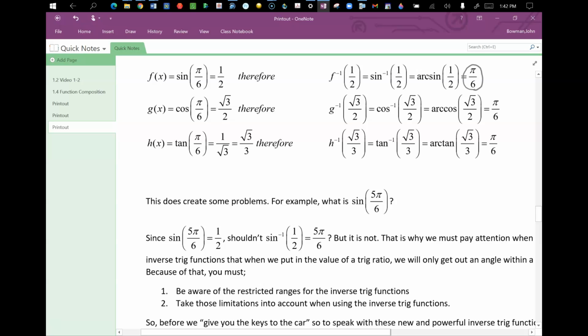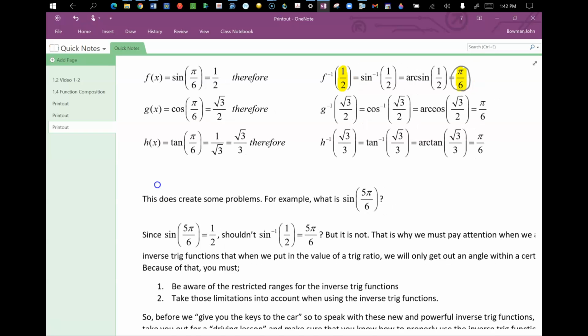Well, no, and the reason is because when we plug 1/2 into the inverse sine function, we get out pi over 6. We don't want to put something in there and get two possible answers out. We want the inverses to be functions. So this is not going to work for us.